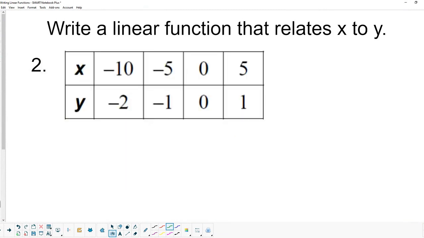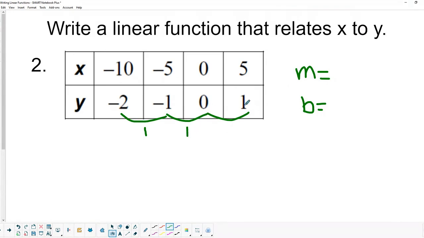All right, here's a table of values. So again, we're going to find m and the y-intercept b. Let's just start out here at the first of the table. The change in y as we go across this part of the table, from -2 to -1, that's an increase of 1. To go from -1 to 0, an increase of 1.